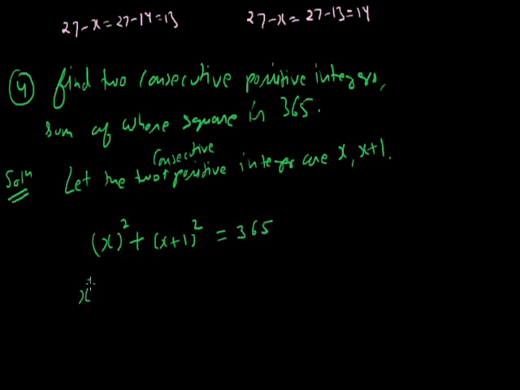Now open the bracket. X square, a plus b का square लगाएंगे यहाँ पे, a square plus b square plus 2ab is equals to 365. So x square plus x square, that is 2x square, 2x.